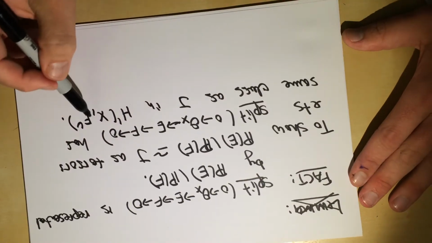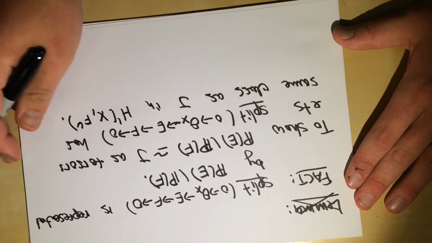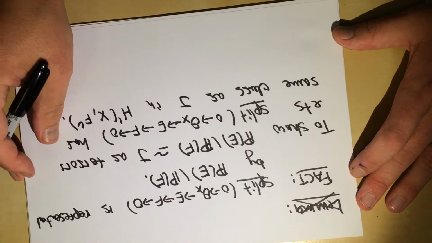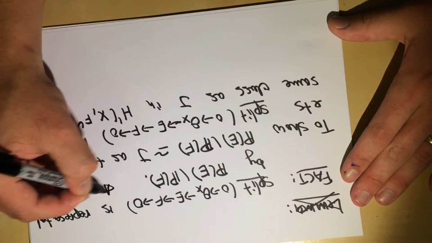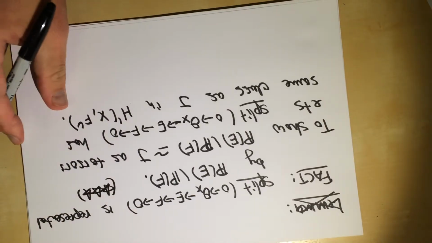Okay, so if this guy was built from eta, then this guy needs to be built from eta as well. Okay, so we're going to use this fact here that the splitting is represented by this thing. So this is something I need to do.